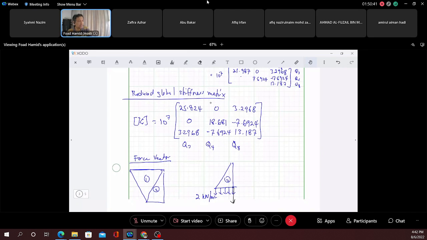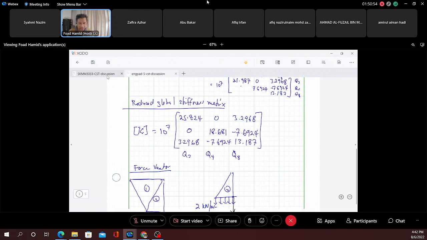Note that 10 kilonewton is for the whole structure. If you look at the original question, that 10 kilonewton is for the whole structure.